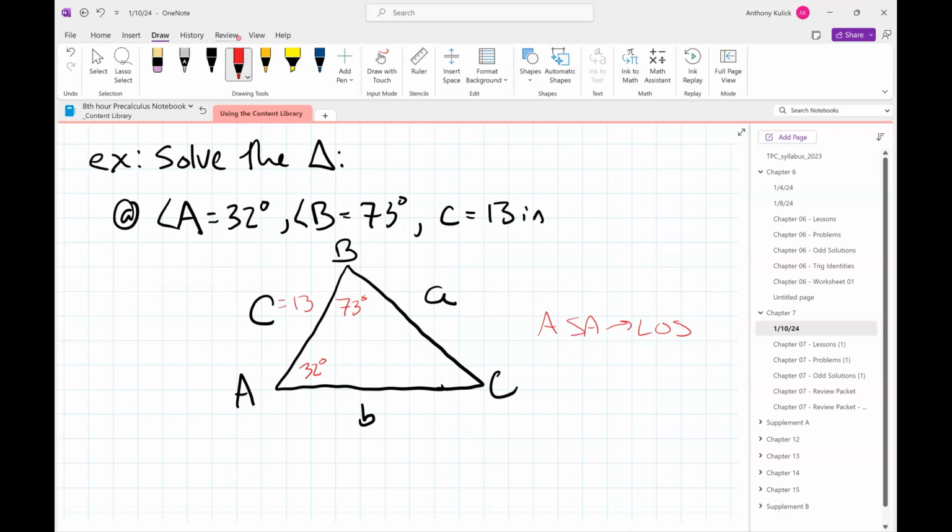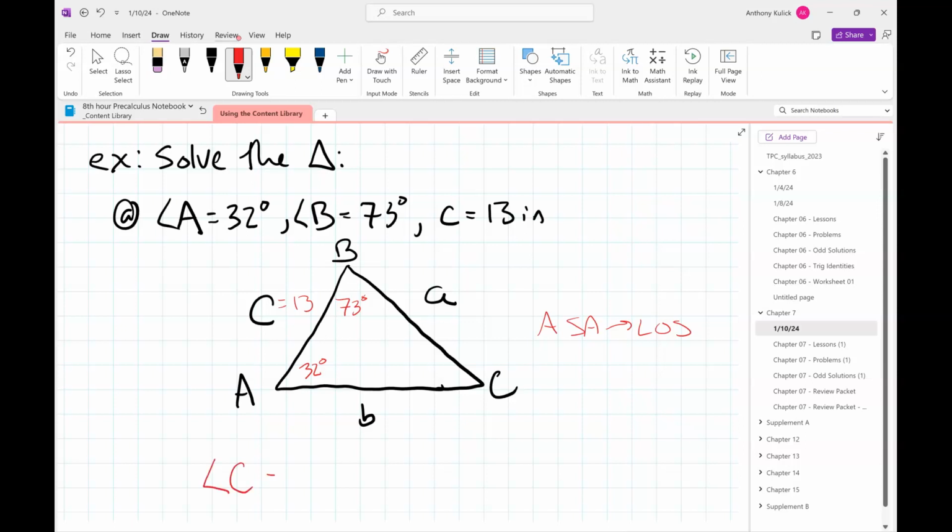If you have 2 of the 3 angles, how do you find the third one? So the last angle would be 180 minus both of those 2. Excellent. So whenever you have 2 angles, the third angle is basically free, right?